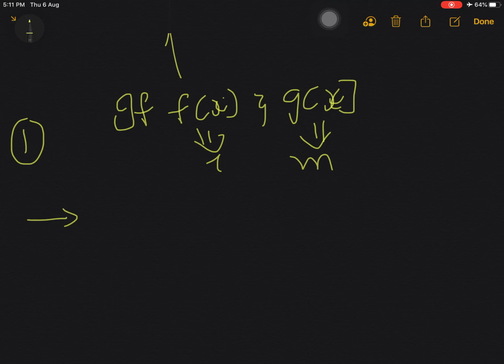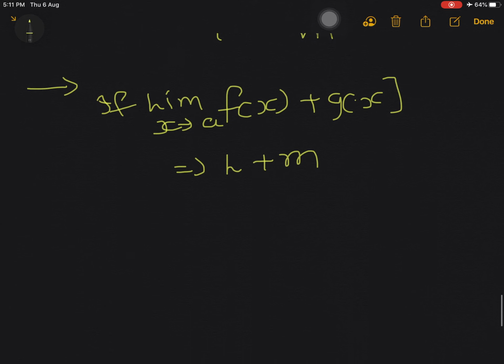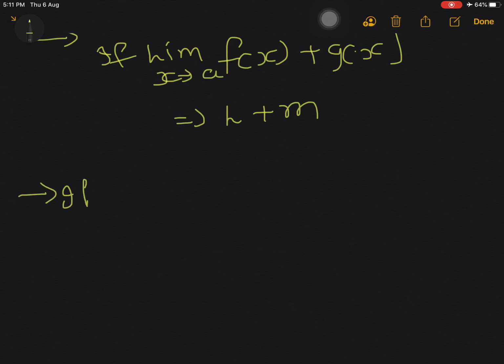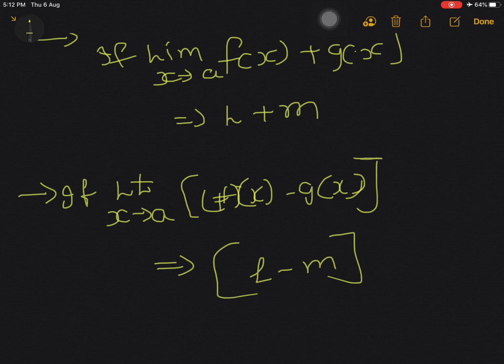The first rule: limit x tending to a of f of x plus g of x is equal to L plus M. The second rule: limit x tending to a of f of x minus g of x is equal to L minus M.